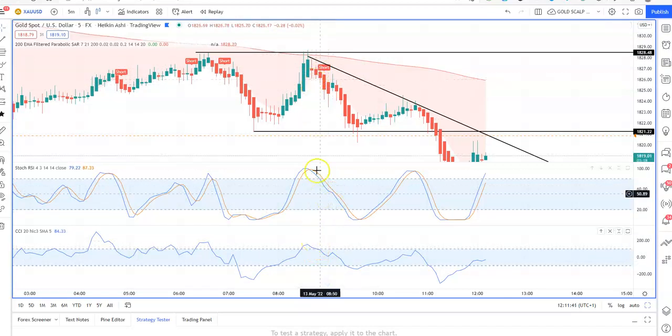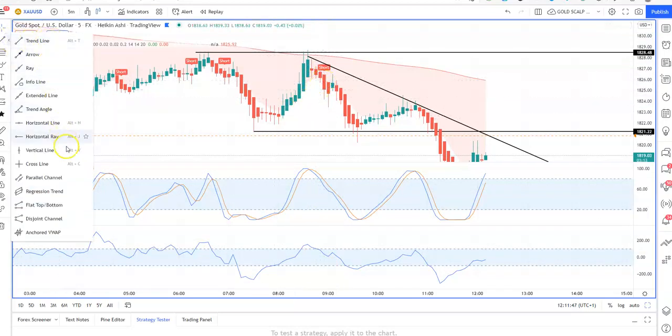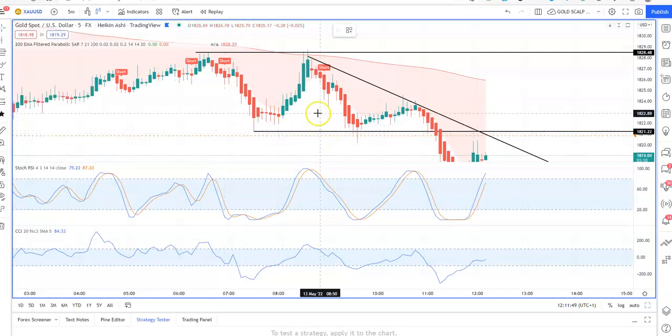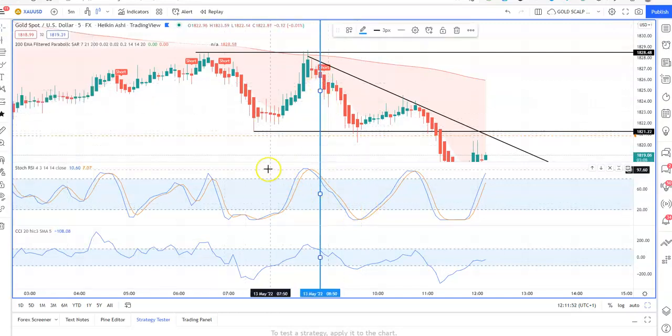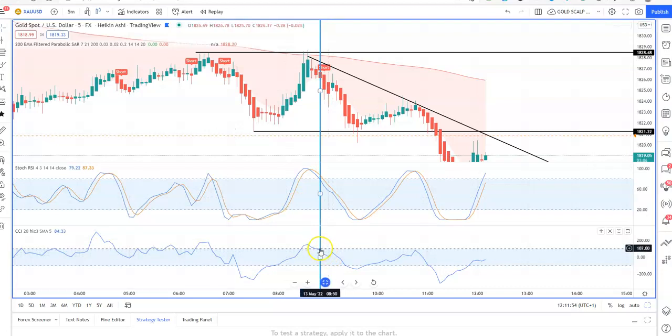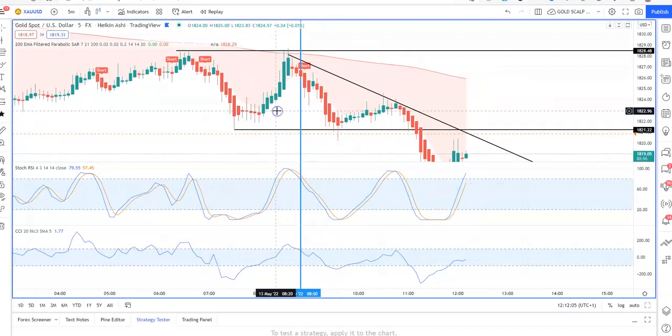The other entry you can have, this is a 5-minute chart, so you won't have to wait long. You can actually go on the CCI when it breaks down below 100, because even at this stage you don't know it's not going to go up and up and up. You don't know, but the probabilities are it's going to go down.